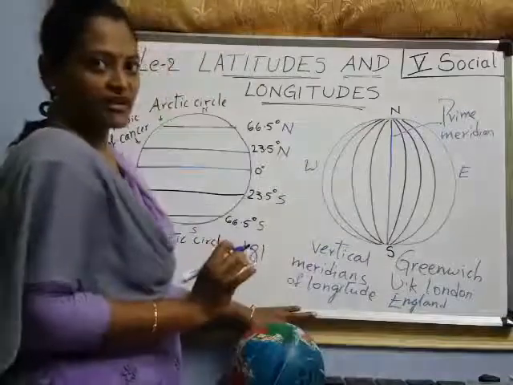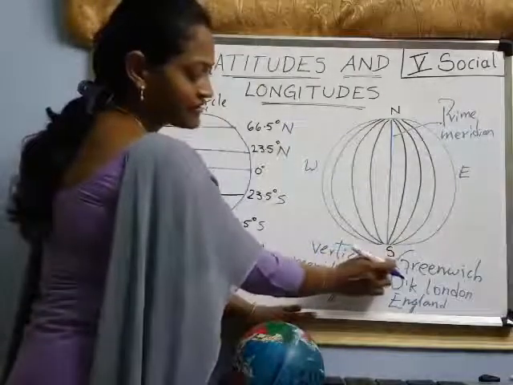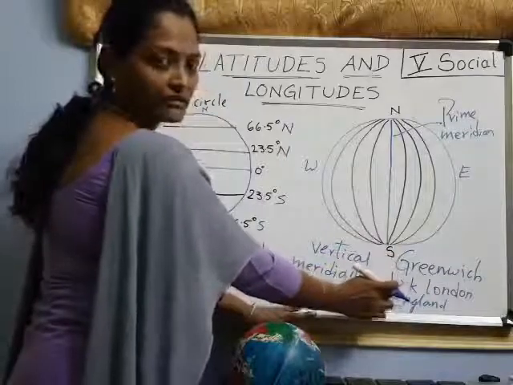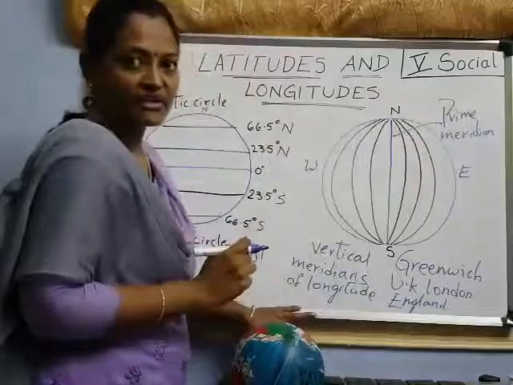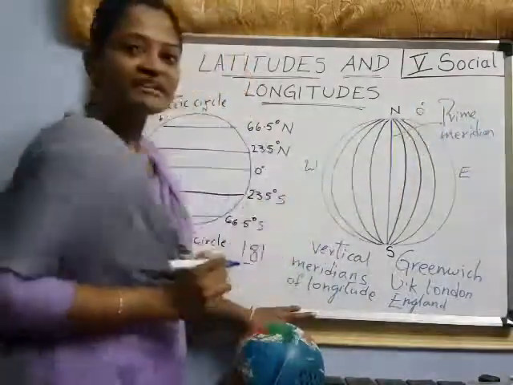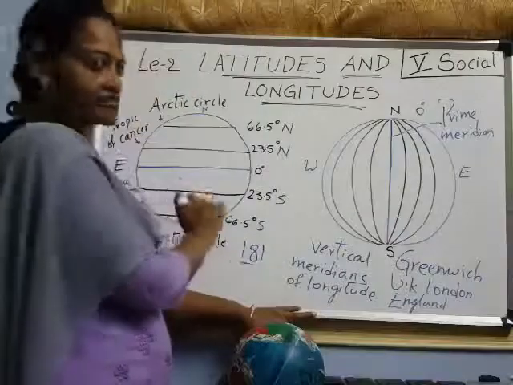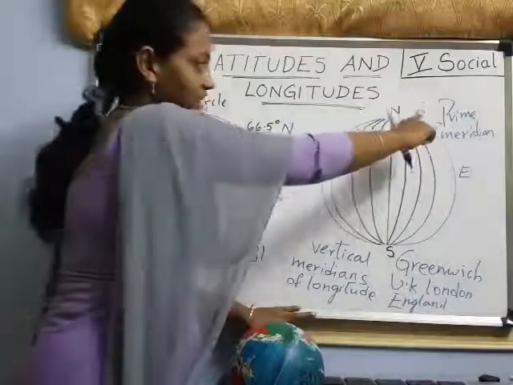You know this one, right? So the line passing through the place Greenwich in England is represented as the prime meridian. This line's value is again 0 degrees, like the equator. Understood?